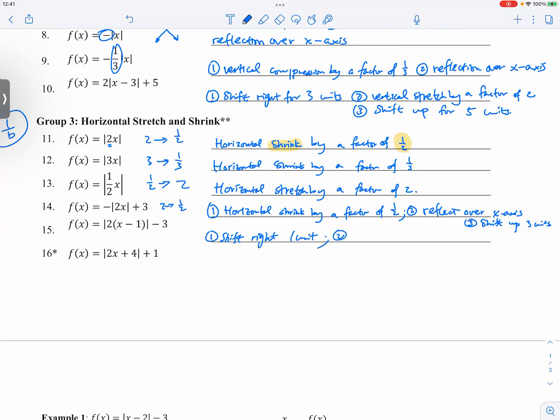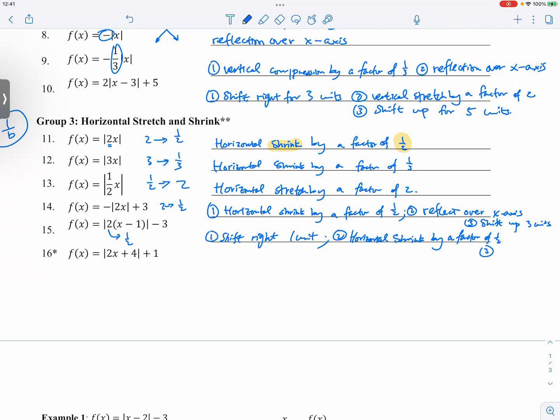And then the 2 right here becomes 1/2. So we have a horizontal shrink by a factor of 1/2.